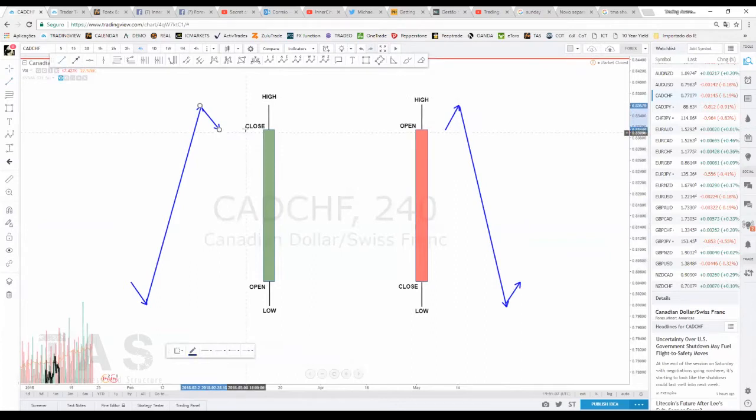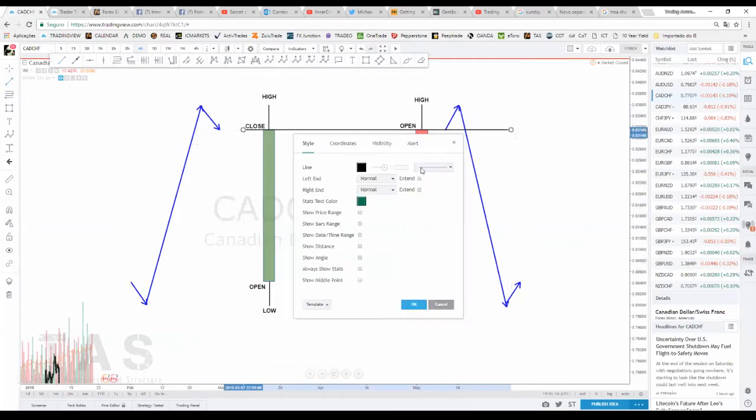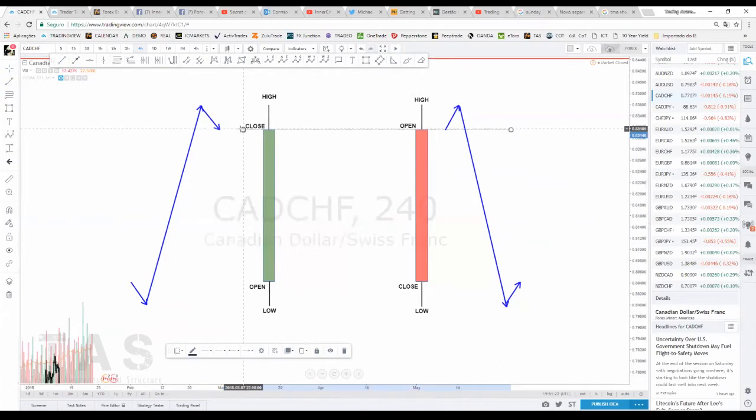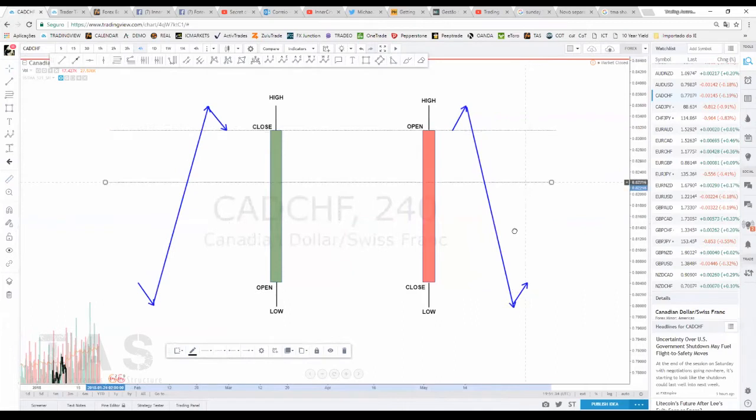So just for, let's do this. Dashed, really thin.